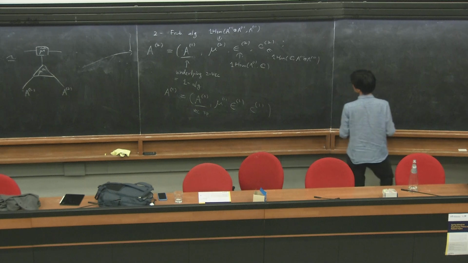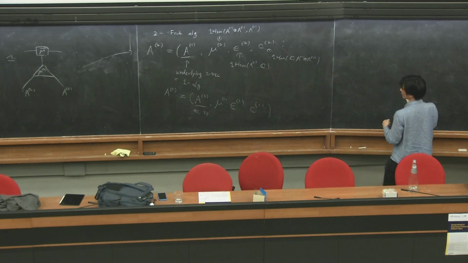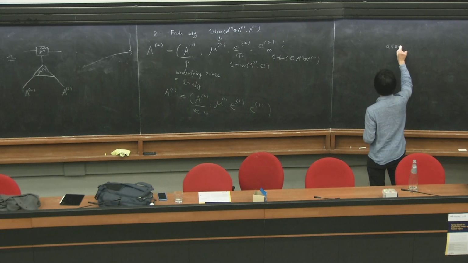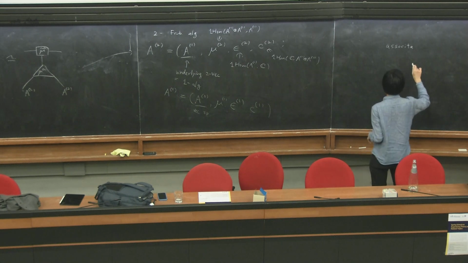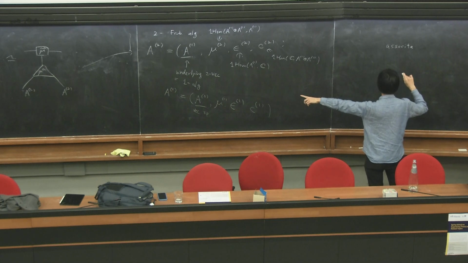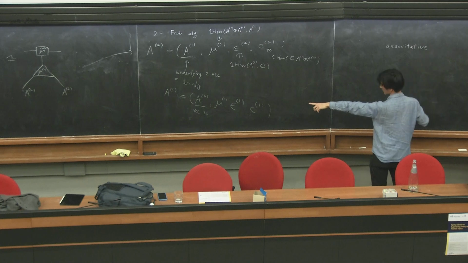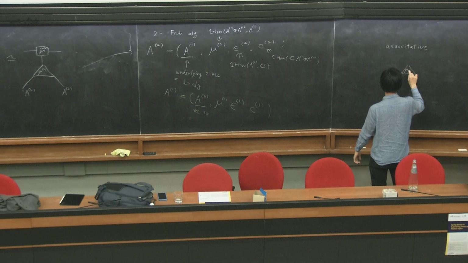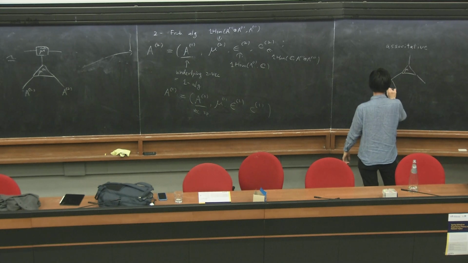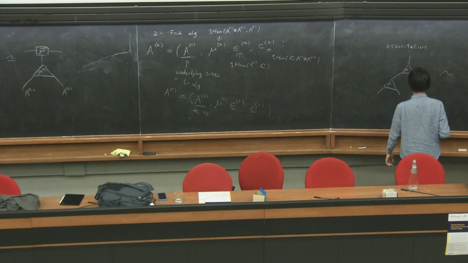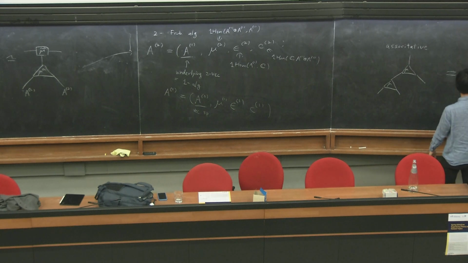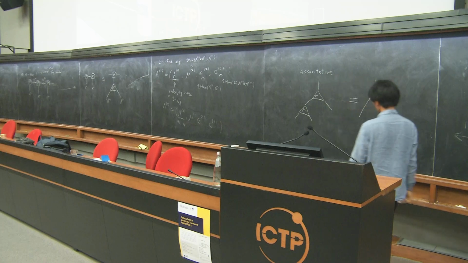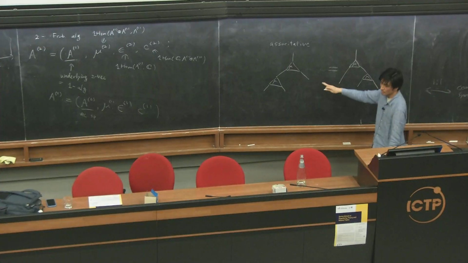So, for example, in lower dimensions, we want mu to be associative, means that mu is strictly equal to this. Okay? This is usual associativity.